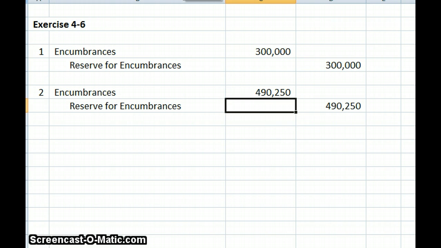Basically, what we're saying here is those funds have been committed, equipment's been ordered, don't overspend them. So that's a budgetary thing that says, okay, even though we don't have the expense on our income statement yet, we've got it allowed for.